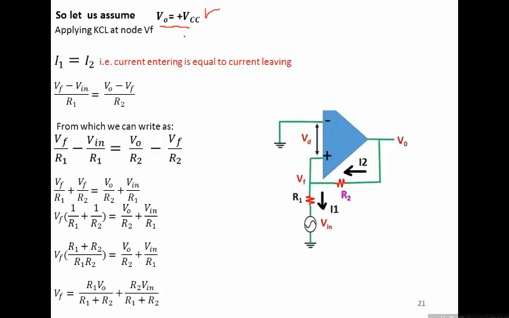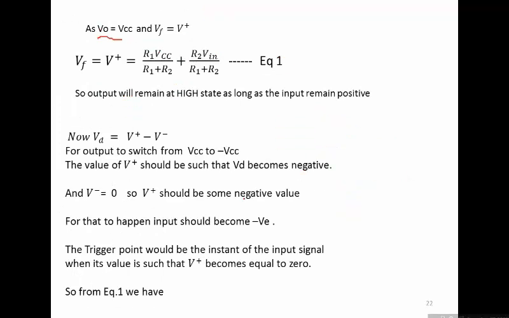This is the positive terminal at which feedback is applied, and this node being defined as VF is also equal to voltage at the positive terminal, non-inverting terminal of the op-amp. So with this V0 as VCC and VF as V plus, this equation is written as V plus is equal to this one.